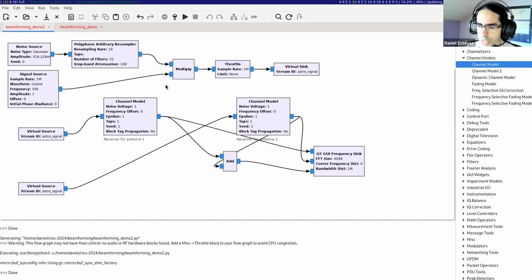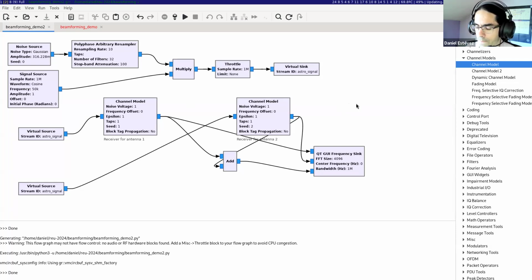And also electronics: any piece of electronics will introduce a small delay on the signal, and the delays can be slightly different between different electronics. So we also have those instrumental delays, so to say. In general, the delay of the signal on the two antennas will be slightly different. This is one factor we need to account for in our simulation, and we will also need to correct for it in our beamforming.